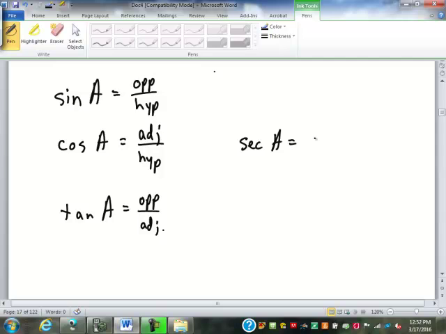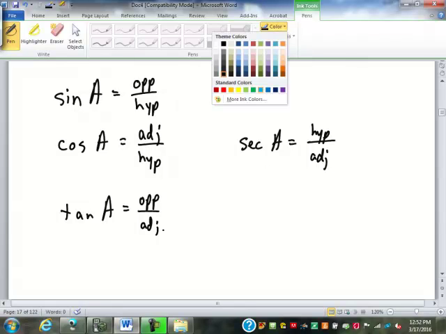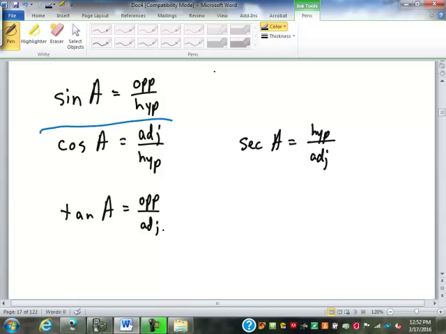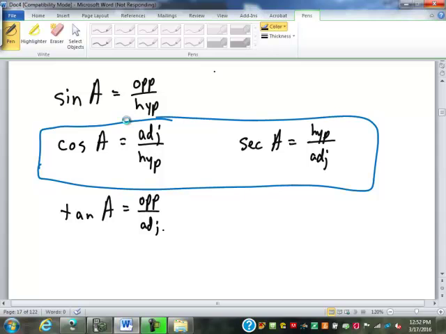Secant of an angle is equal to the length of the hypotenuse over the length of the adjacent side. Now, I wrote that down there. Why would I write that down like that? Because there's a link between the secant and the cosine. Anybody tell me what it is? They're reciprocals. You flip it over. Cosine's adjacent over hypotenuse. Secant's hypotenuse over adjacent.